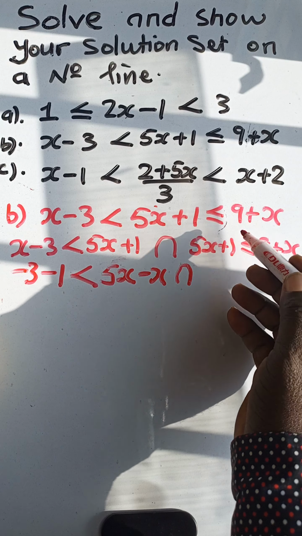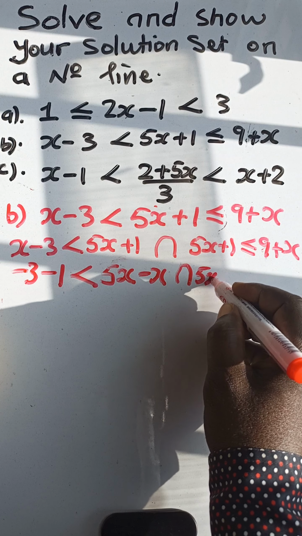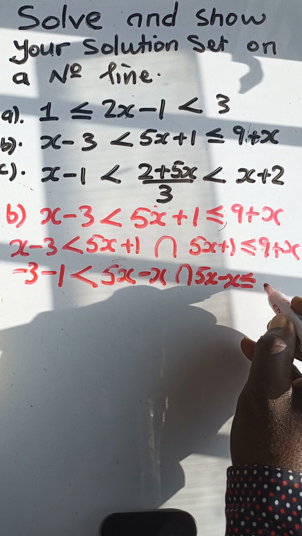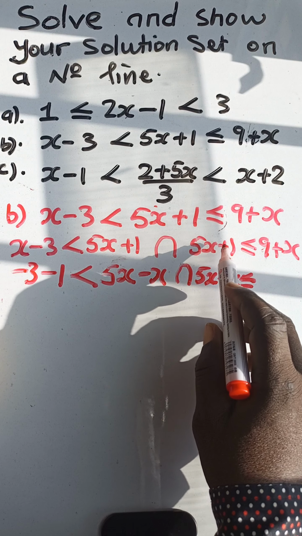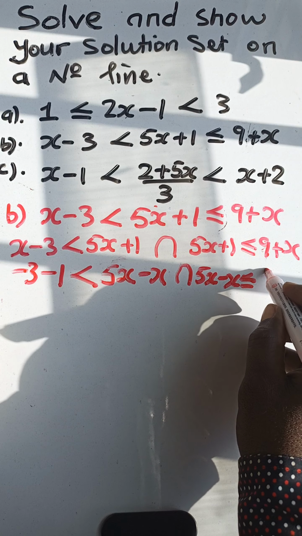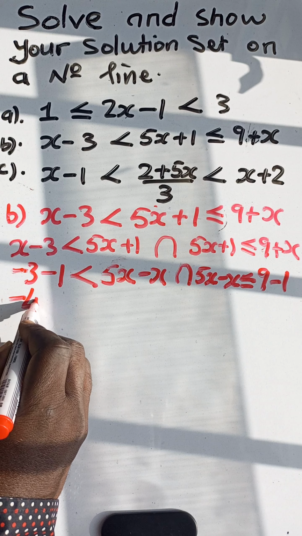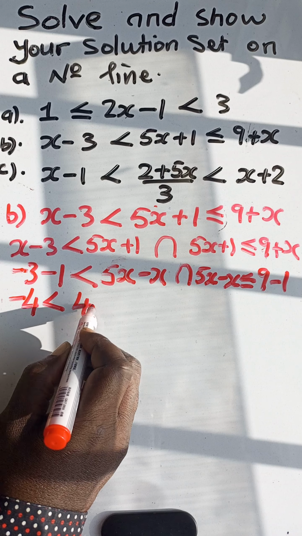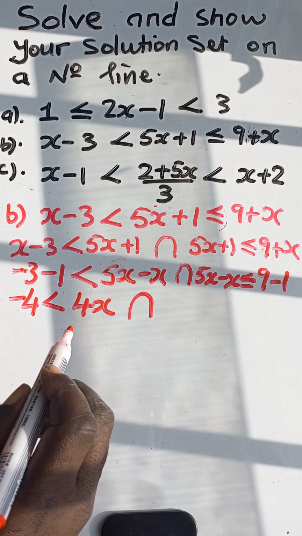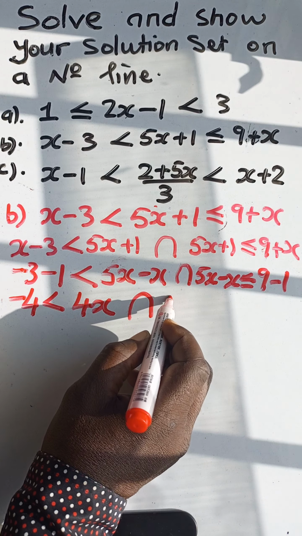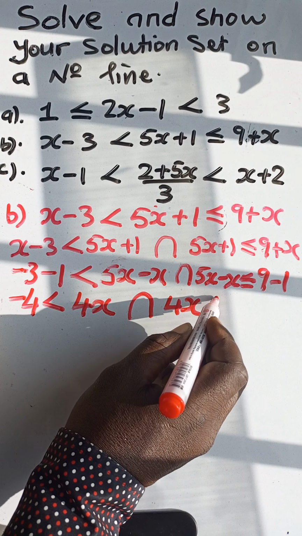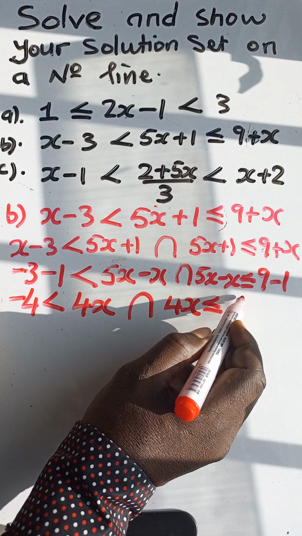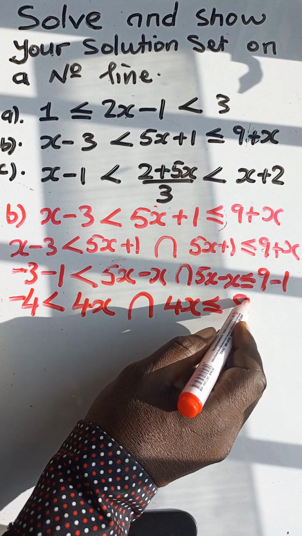I do the same thing here. I take this positive x this way, it will become 5x minus x less than or equal to 9, and I take this positive 1 that way, it will become minus 1, so we'll have 9 minus 1. Now, negative 3 minus 1 is negative 4, less than 5x minus x, which is 4x, intersection 4x less than or equal to 9 minus 1, which is 8.